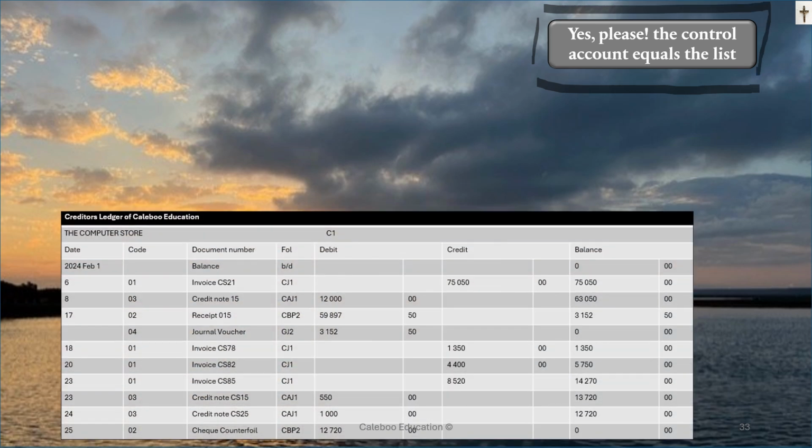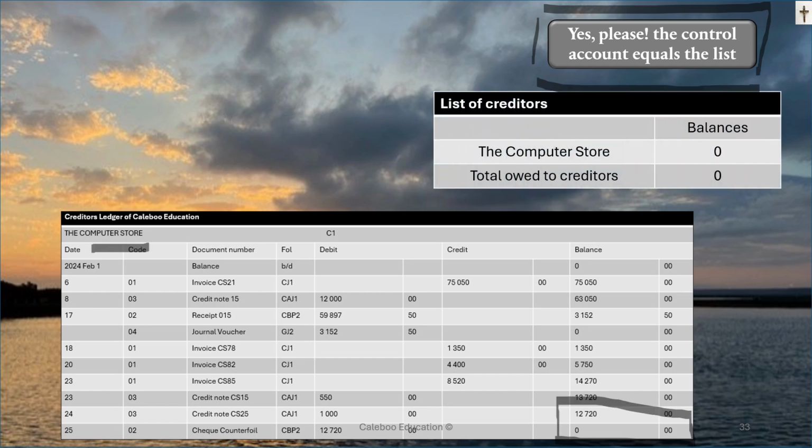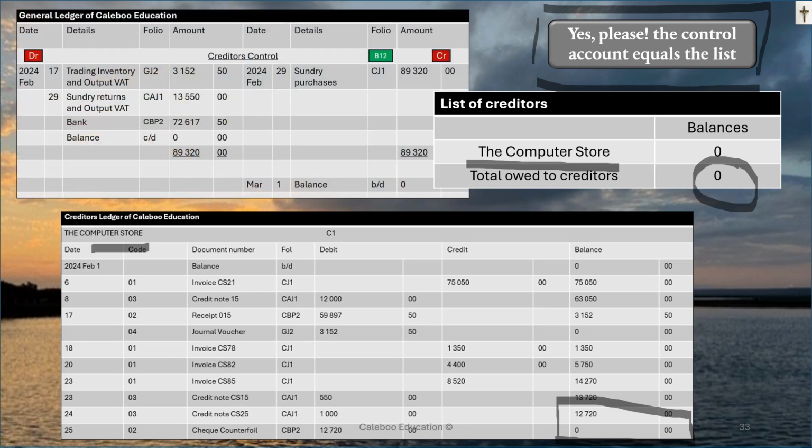There the balance of the computer store was 0. If we add up all our creditors, accounts payable, the total owed is 0 because we only had one, the computer store. And guess what? Our control account, which is a summary of all the individual accounts, is equal to 0.